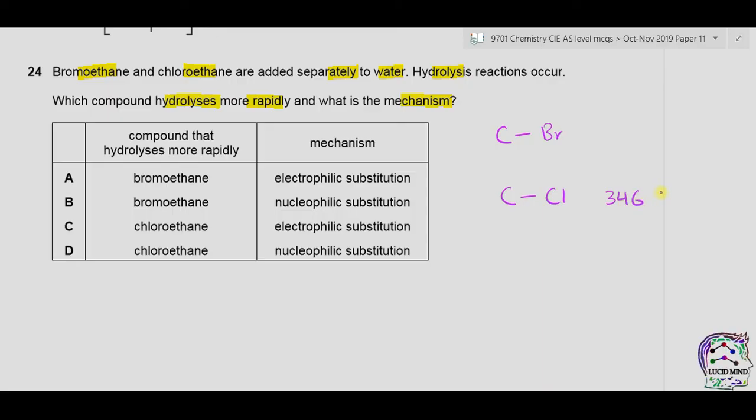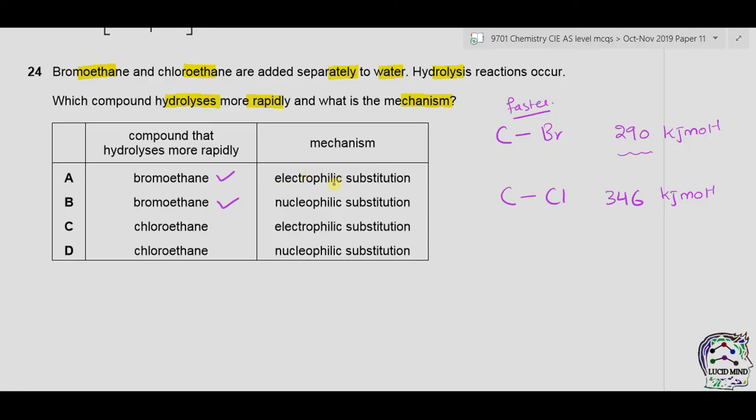It is 346 kilojoules per mole, while the bond breaking energy for carbon-bromine is 290 kilojoules per mole. So low energy means faster reaction. We can say that bromoethane gives a more rapid chemical reaction.